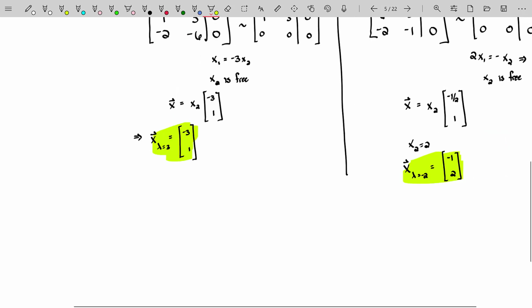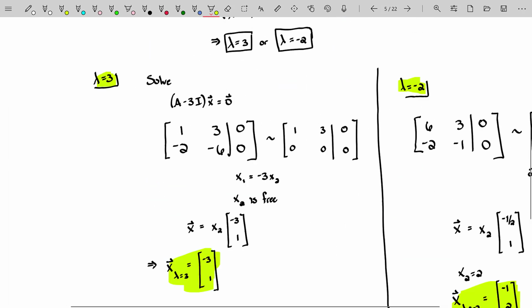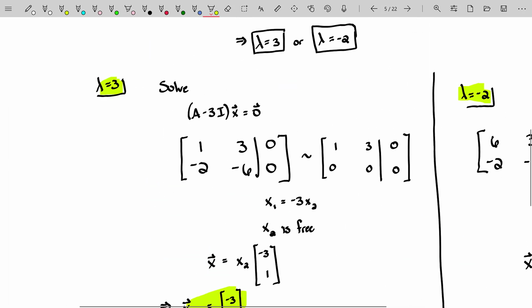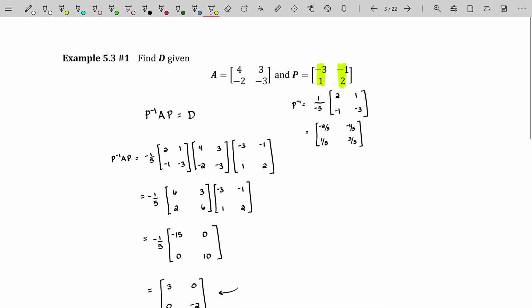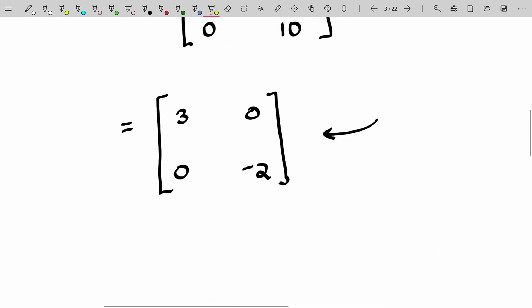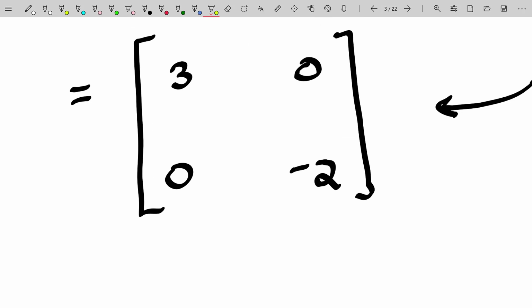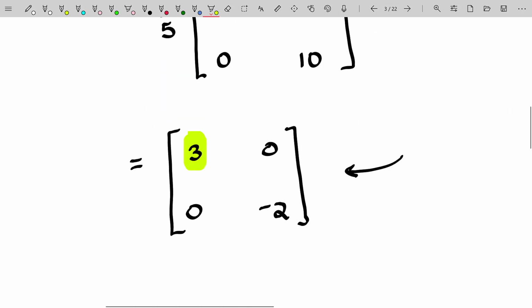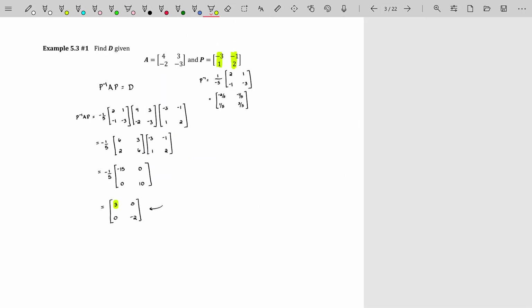But that's not the only part. Note our eigenvalues are 3 and -2. And when we go back to our previous example, the diagonalized matrix has 3 and -2 as its only entries. 3 was the eigenvalue associated with the eigenvector -3, 1, and -2 was the eigenvalue associated with the eigenvector -1, 2.